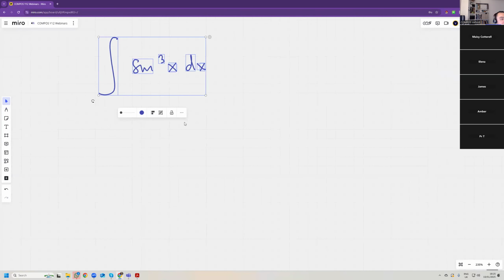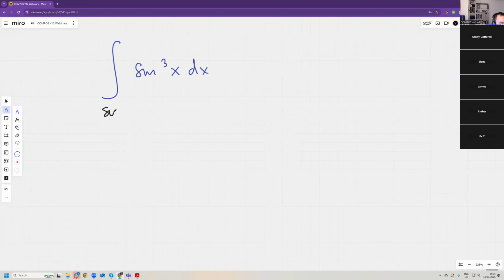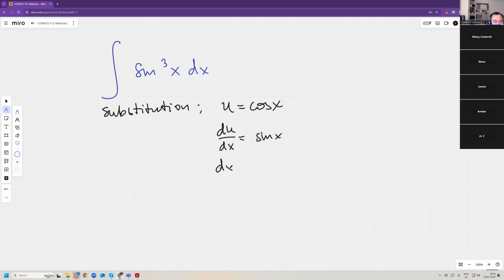Here I have to use substitution, and I substitute u equals cos x. You will see why in a second. So du over dx is sine x, and that means dx is equal to du over sine x.